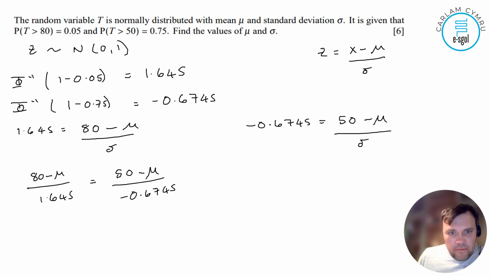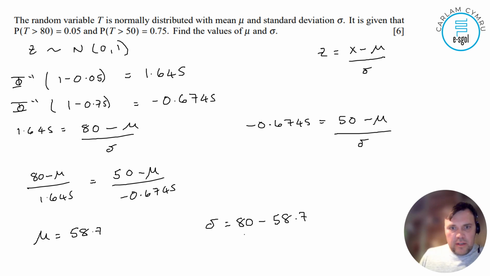Sorry, that should be a 50 there. I don't like the look of that. With a bit of rearranging, I was able to work out that mu is equal to 58.7, and then substituting this back in for delta, I put in delta equals 80 minus 58.7 divided by 1.645, and that gave me an answer of 12.9.